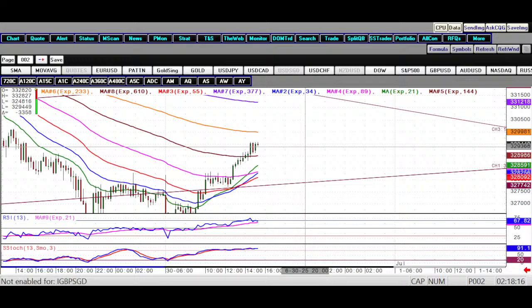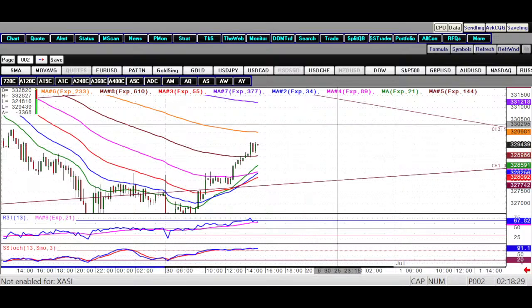Just give me 1 minute. Okay, now what I see is that we are going to see the price going higher.